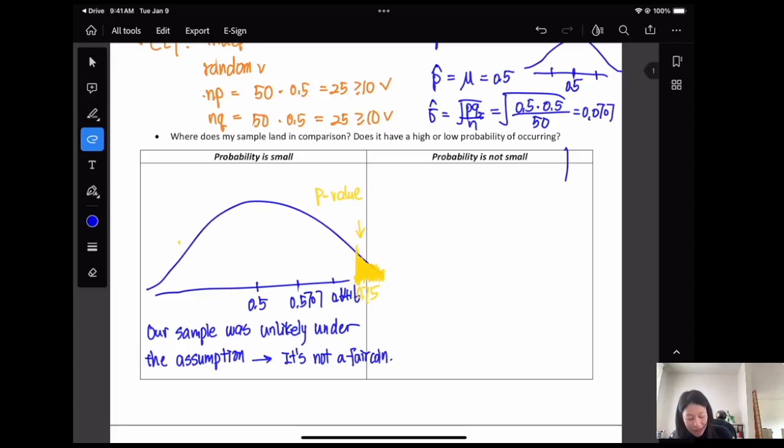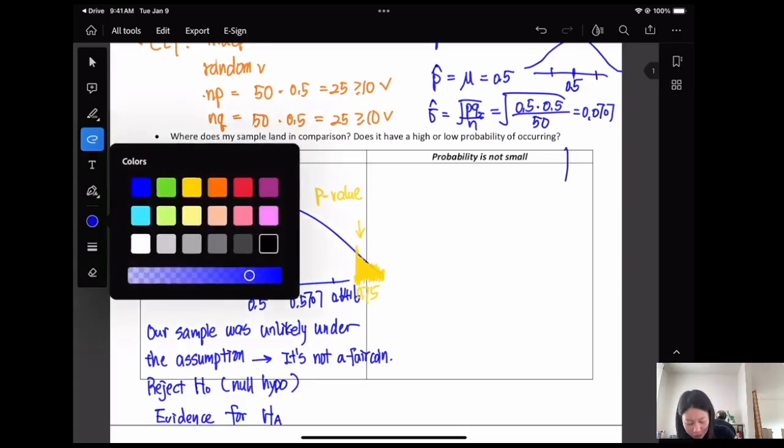In that case, we are going to reject the null hypothesis, and we will say there is evidence for the alternative hypothesis. That is determined by the p-value being small.